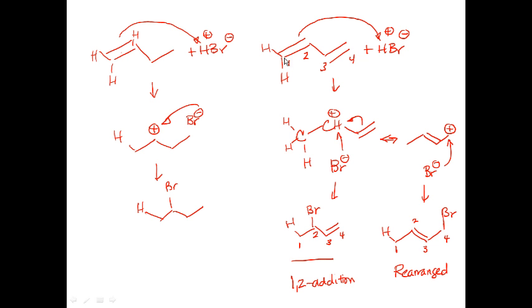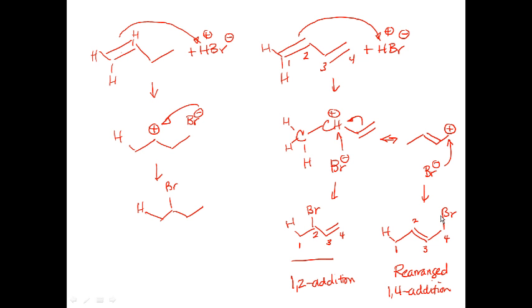So the 1 and the 2 aren't IUPAC names, they're the relative numbering of this diene. And here I would call this the 1,4 addition product, because that is the addition of the H and the Br to carbons 1 and 4 of that conjugated diene system.